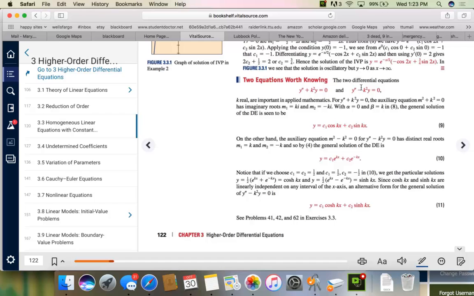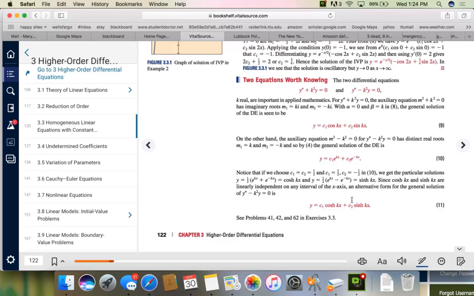If you have a negative sign here for this expression, then it turns out that the solution is two distinct real roots, one positive and one negative. So you would have C1 e to the kx and C2 e to the minus kx.